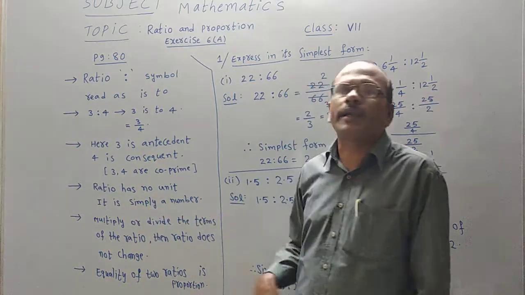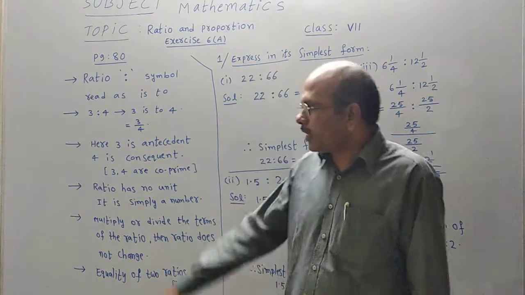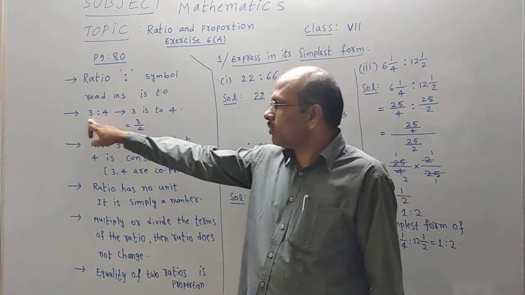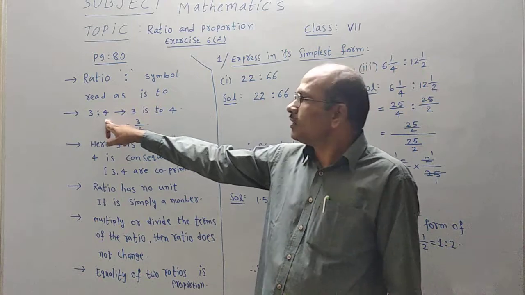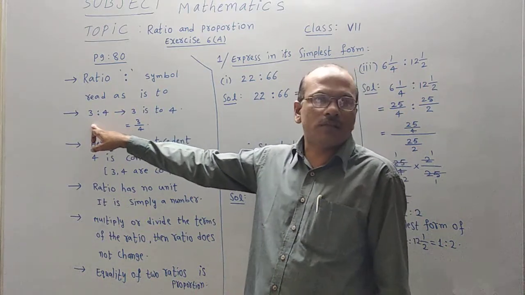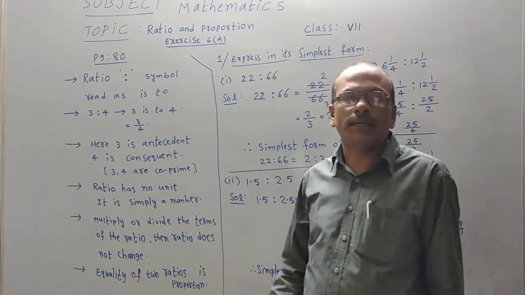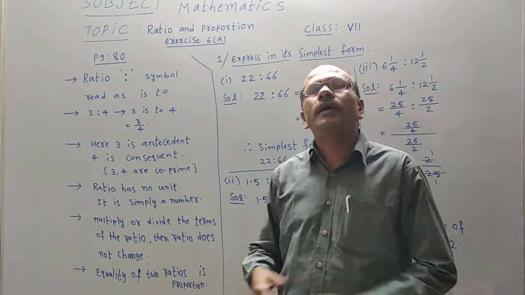It is simply a number. Ratio will not have any units. It cannot be called 3 kg is to 4 kg. No. 3 dozen is to 4 dozen, we cannot say. 3 meters is to 4 meters, we cannot say like that. Just we will say directly it is simply a number.